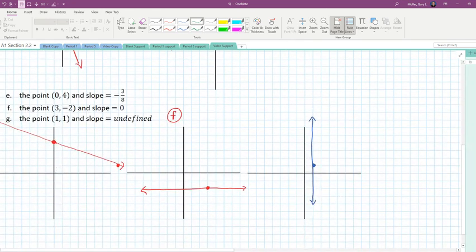This one has a y-intercept of 0, 4. This one, of course, is down here at 0, negative 2. And this one doesn't have a y-intercept. So y-intercept is just where the line intercepts the y-axis.